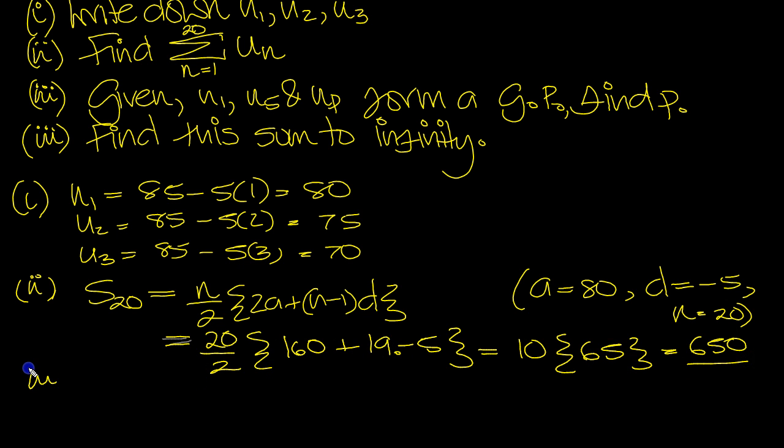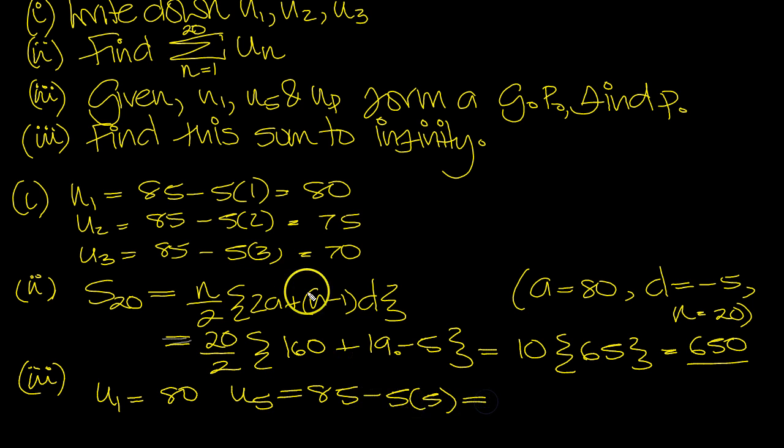Part 3. Okay, given that they form a GP, find p. So u5 we need to find, don't we? So u1 is equal to 80. u5, which is the second term of a GP, would be 85 minus 5 times 5, which is 60.